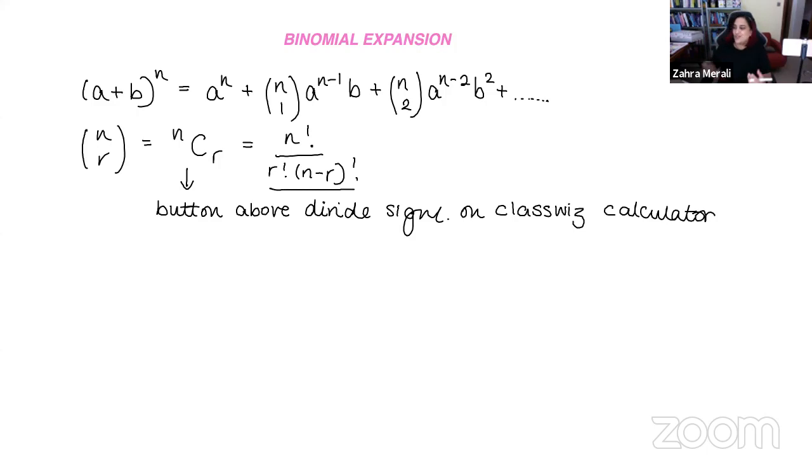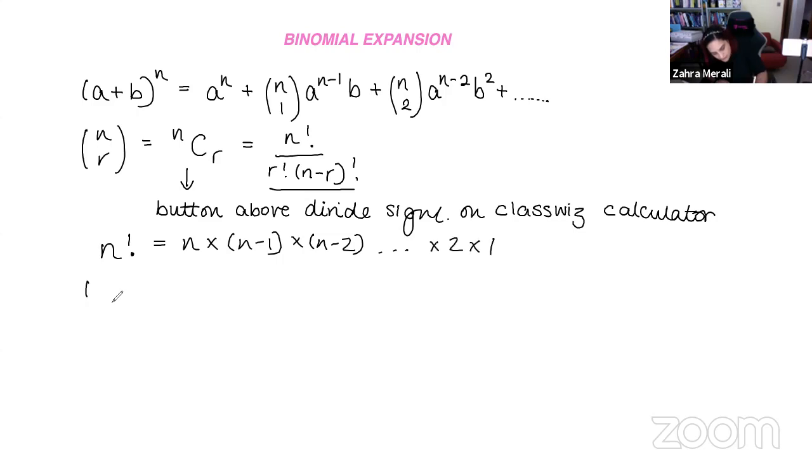So in case you don't remember or you haven't seen it before, what does factorial mean? So what does this n factorial mean? The n factorial is the number of ways of arranging n things in a line. But all you're doing, it's the same as n times n minus 1 times n minus 2, all the way till you get to 1.